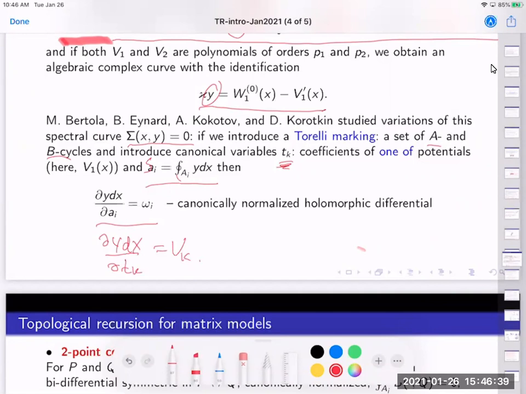When I do variations with respect to filling fractions, I again obtain canonically normalized holomorphic differentials. When I do variations with respect to times, I get again Wisdom-Krichever differentials. So these derivatives are very much uniform and, amazingly enough, don't depend on the details of the corresponding models.